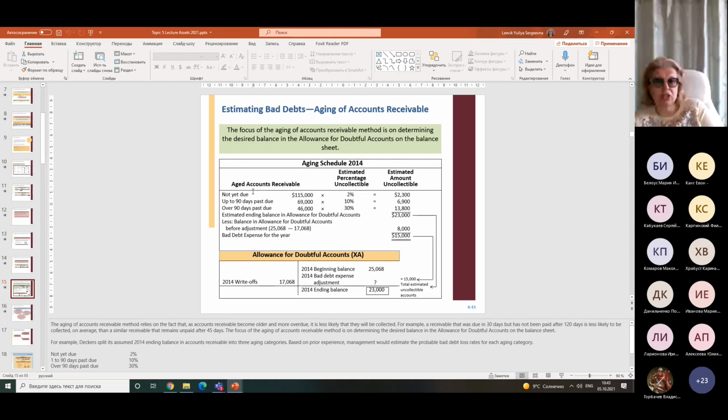We take the schedule of accounts receivable and apply the estimated percentage of uncollectible rate. Then we calculate the estimated uncollectible amount. After that, we adjust for the existing balance in the allowance for doubtful accounts. And finally, we compute estimated bad debt expense.